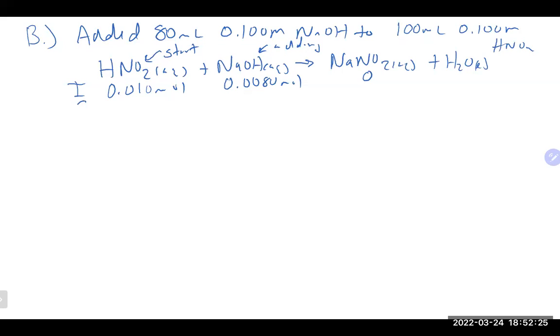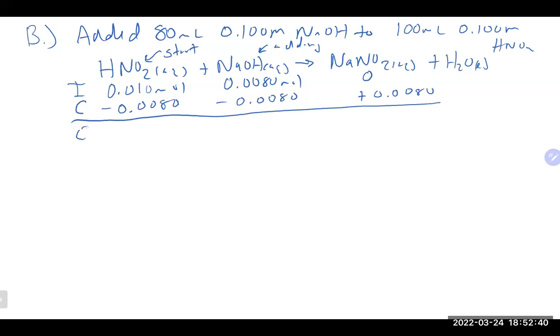The change here is going to be our sodium hydroxide, which means it is the smaller guy, the limiting reagent. So we'll subtract that guy out. Remember, you need to add it on this side. That will get us 0.002 moles, 0 here, and 0.008 moles.